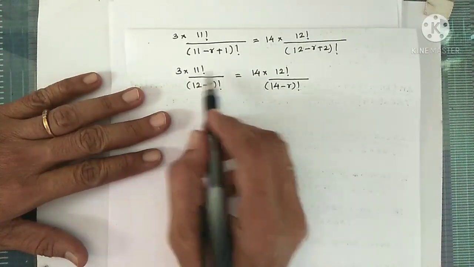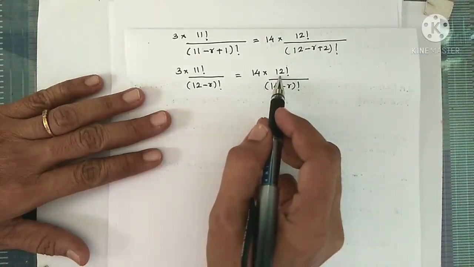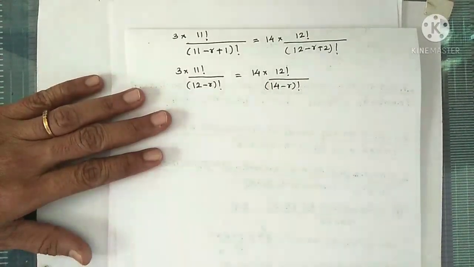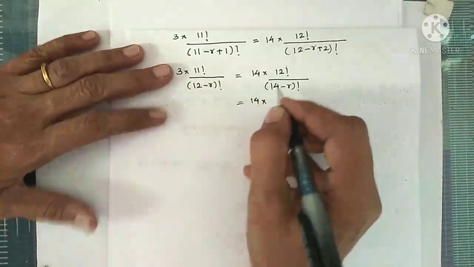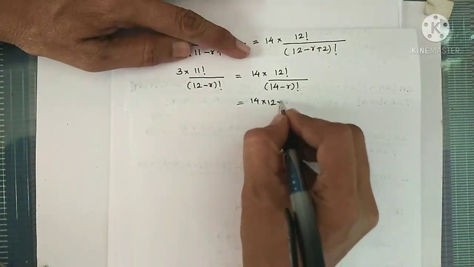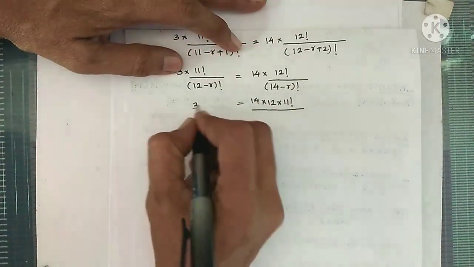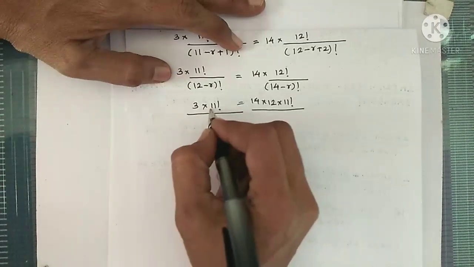Here we have 11 factorial and here it is 12 factorial. 12 factorial we can write as 12 into 11 factorial. So this is 14 into 12 into 11 factorial. So from the numerators we can cancel 11 factorial.